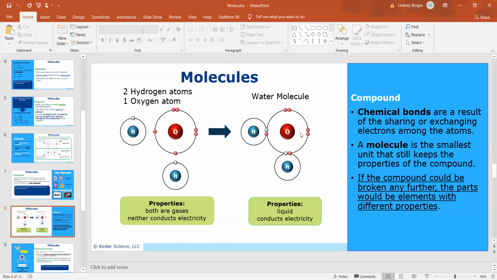also, if you notice, it looks like an upside down Mickey Mouse. So that's another way you can remember H2O. This new compound is a liquid that conducts electricity. And when I say conducts electricity, this is why when there's a lightning storm in the summer and you're out swimming, you get out of the lake or the pool or whatever it is, because if you're swimming in the lake, lightning can strike on the other side of the lake and you could still get shocked because water is such a great conductor of electricity.